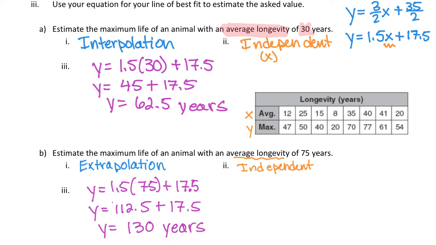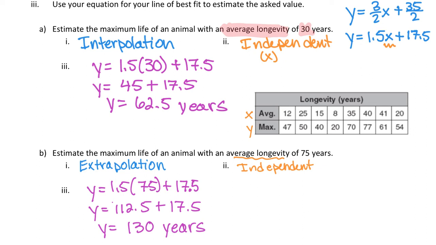So this is estimating that if the average lifespan of some type of animal is 75 years, then the maximum lifespan would be 130 years. In an extrapolation, this is pretty questionable. There aren't many animals, maybe the tortoises, that live that long. So I don't know how reliable this is. Because it's an extrapolation, it's outside of my group.